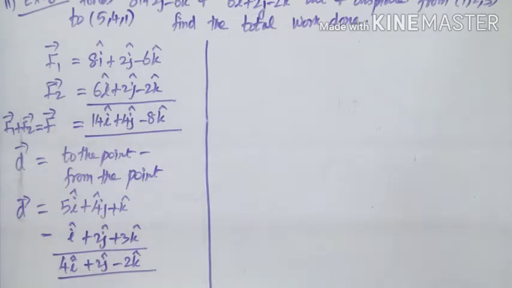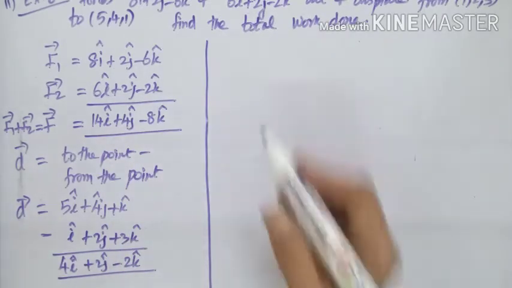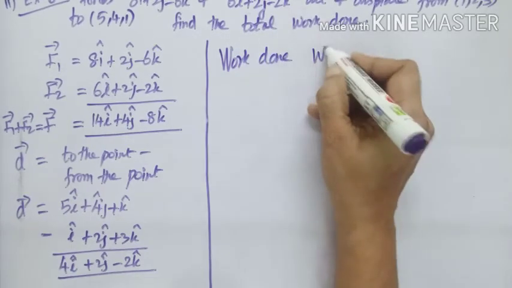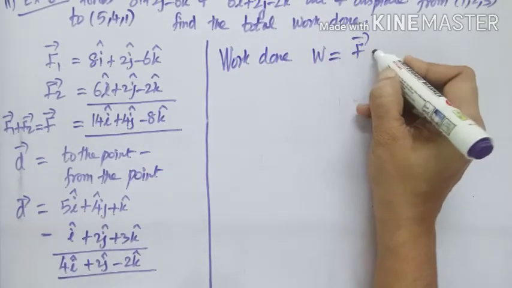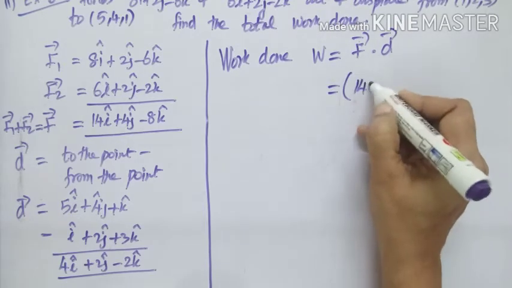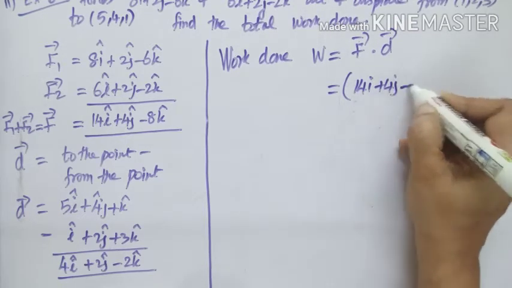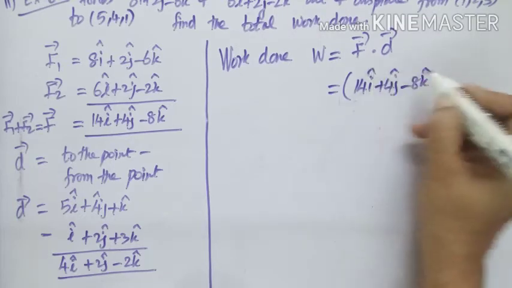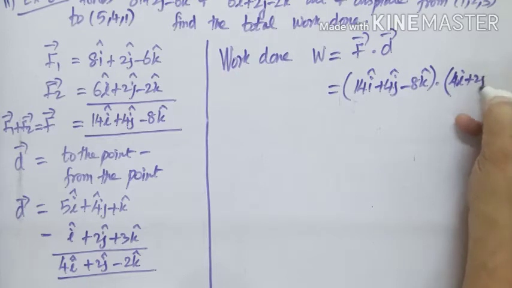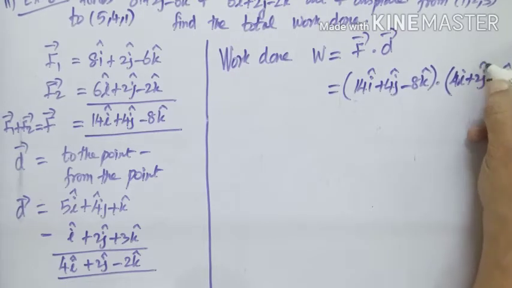Once I know what F and D are, work done W I can call equal to F dot D. F is 14i plus 4j minus 8k, dot D is 4i plus 2j minus 2k.